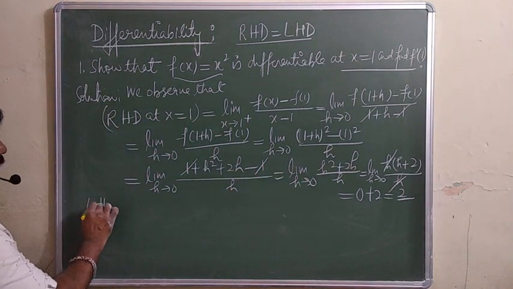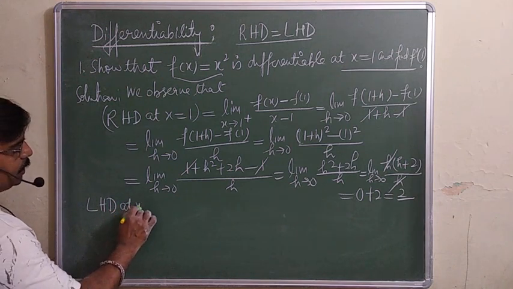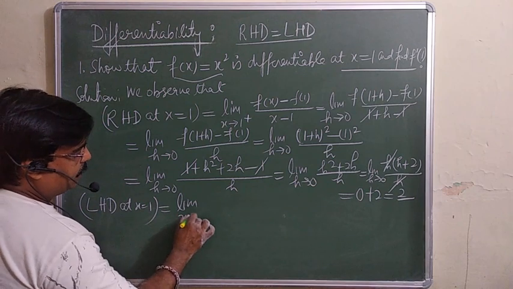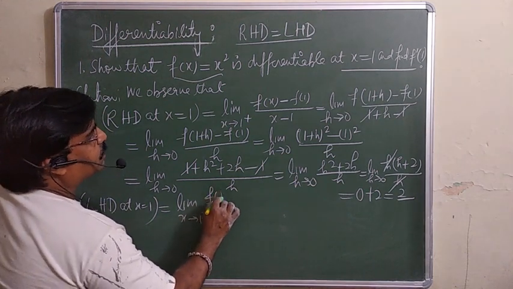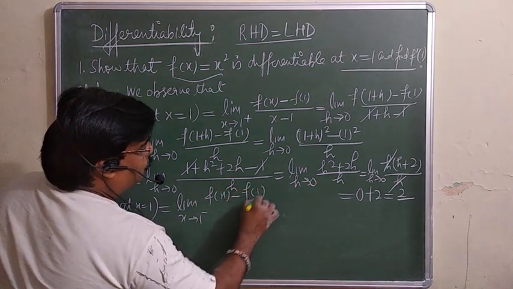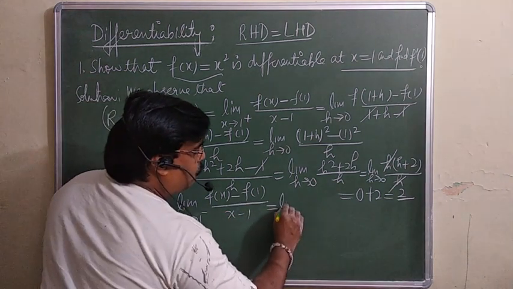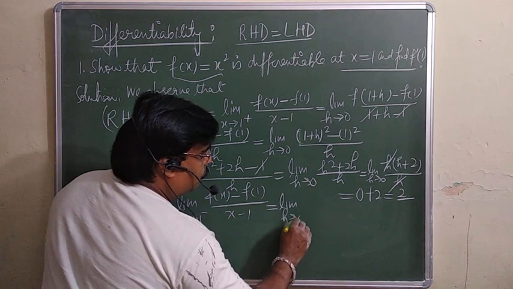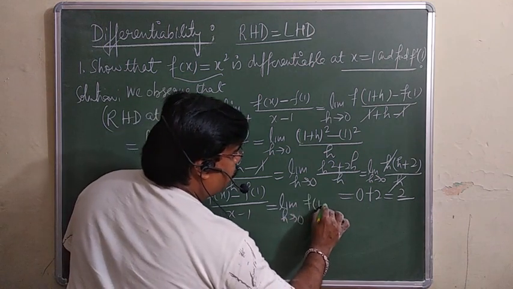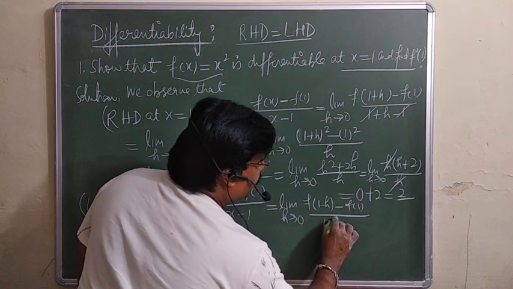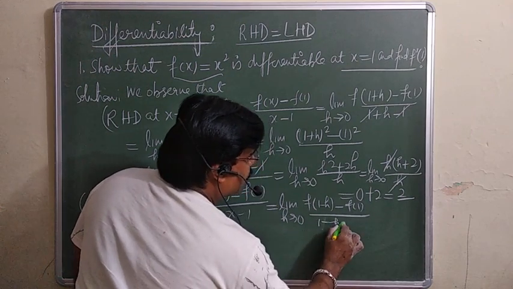Similarly, the left hand derivative at x equal to 1 is equal to limit x tends to 1 minus of (f(x) minus f(1)) over (x minus 1). This is equal to limit h tends to 0 of (f(1 minus h) minus f(1)) over ((1 minus h) minus 1).